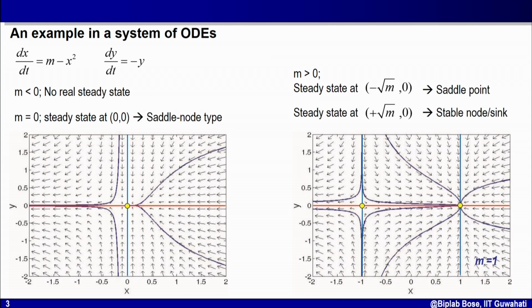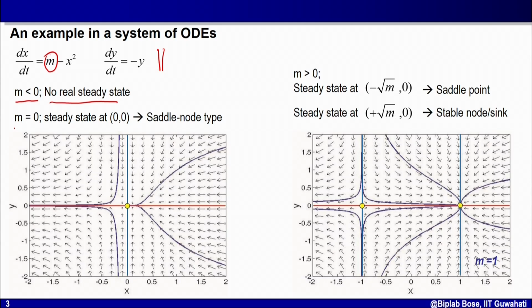So let us take an old example that we discussed in the last module. I have a system represented by this set of two ODEs: dx/dt equals m minus x squared, and dy/dt is equal to minus y. As we discussed earlier, if I take m as a parameter and check whether it causes bifurcation in the system, I can see that when m is less than 0, there is no real steady state, so we are not much bothered about that.